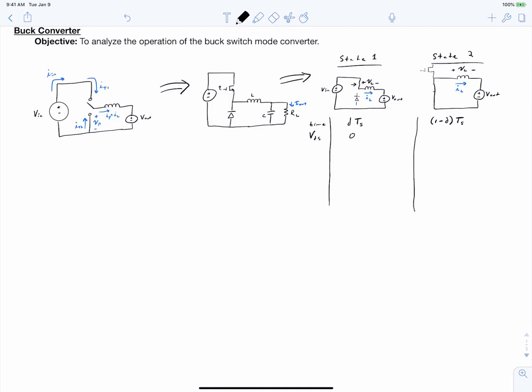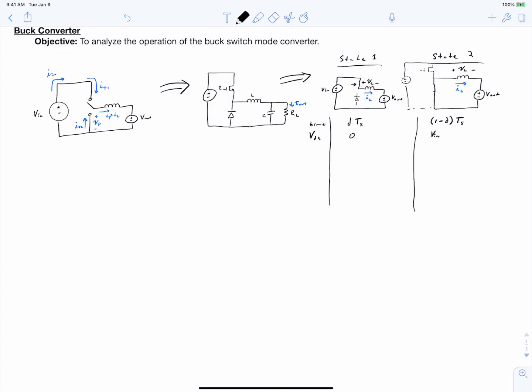When we're in state 2, our MOSFET is off, and it has to block the entire input voltage. So its drain to source voltage at that point is Vin. And you can see that from the above circuit of state 2. If you were to draw the rest of the circuit, you'd have your input voltage here, it'd be connected to your MOSFET, and your MOSFET would be connected to the return of the input voltage. So clearly it has to block the entire input voltage.